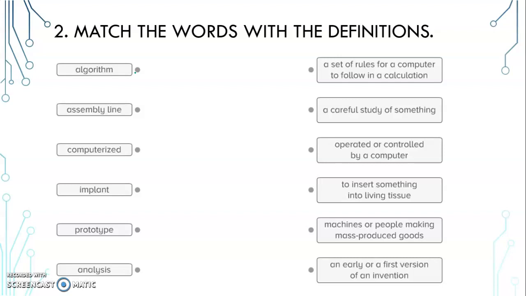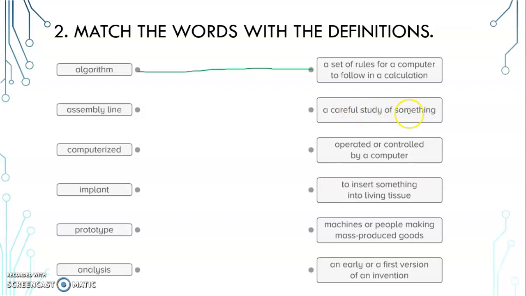Algorithm: a set of rules for a computer to follow in a calculation. That's the correct word. You have assembly line. Do you remember the picture with the cars? So what is it?